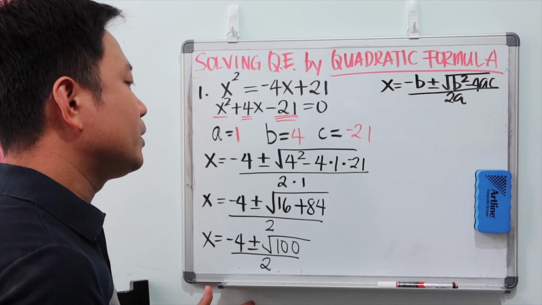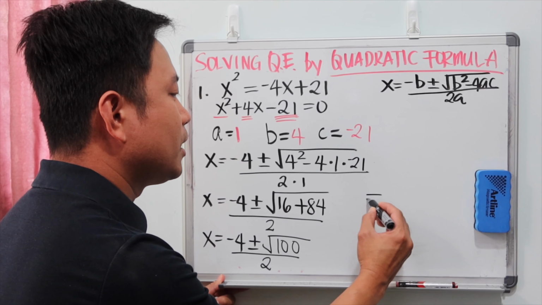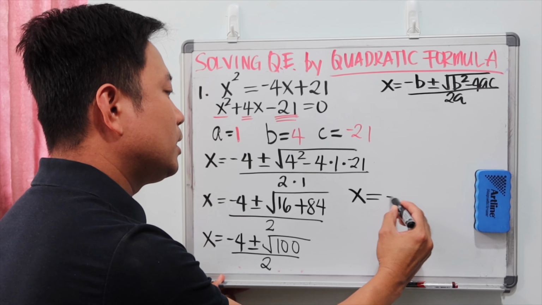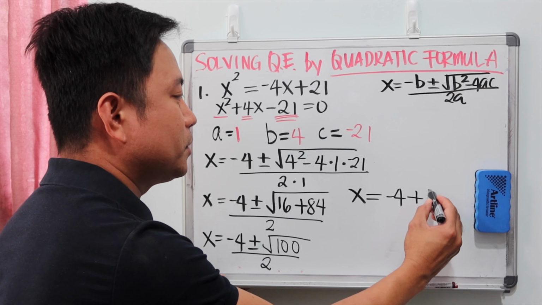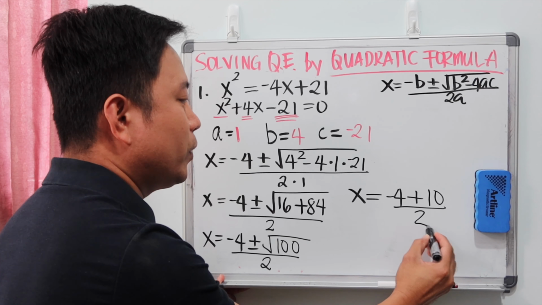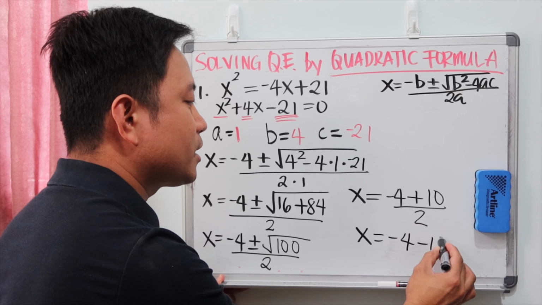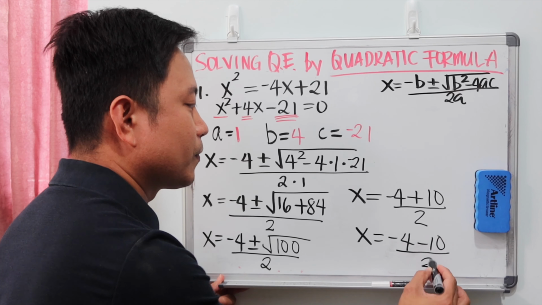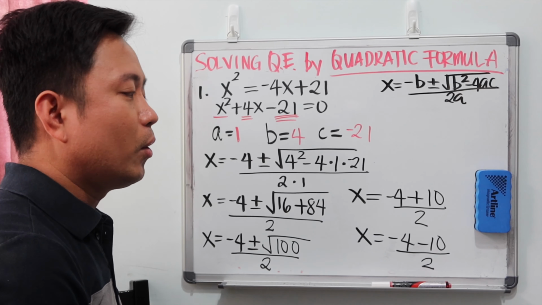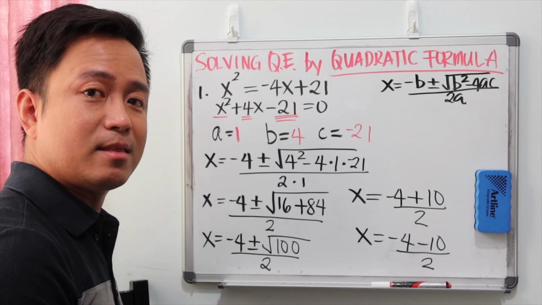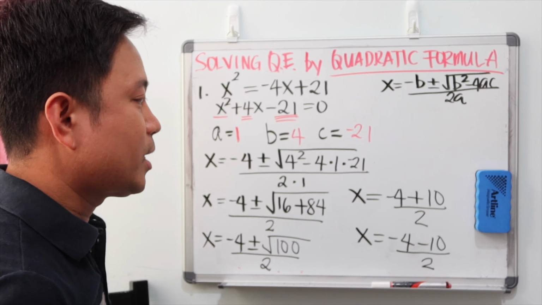It is 10, right? So to solve for the two values of x, we now have x is equal to negative 4 plus 10 over 2, which means the other value of x will be negative 4 minus 10 over 2. Because the square root of 100 is positive 10 or negative 10. When you square 10, that's positive 100. When you square negative 10, that's also 100.